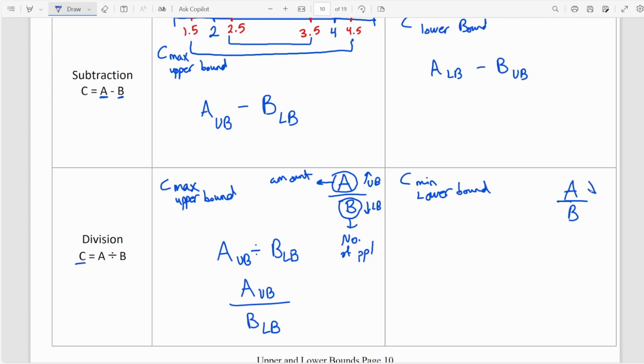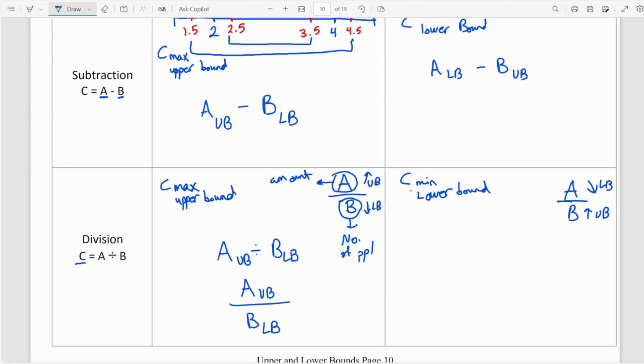You would decrease the amount of chocolate, so this way there is less to go around. And so we're taking the lower bound for A. And you would increase the amount of people that you give it to. By increasing that, people would have a lot less chocolate. Each person will receive a lot less, okay? So the lower bound for A and the upper bound for B.